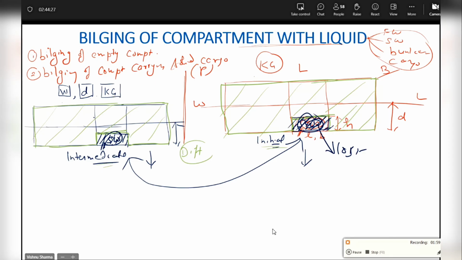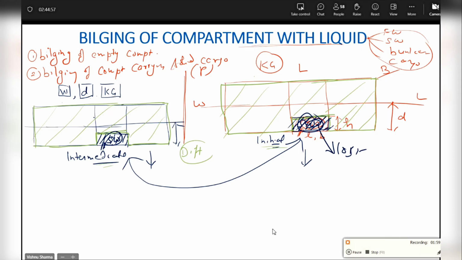Do you agree with me? If you do not, let me know, guys. Guys, after bilging, would both the ships be in the identical condition? Yes or no? Yes, sir.